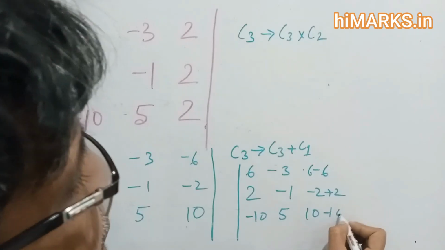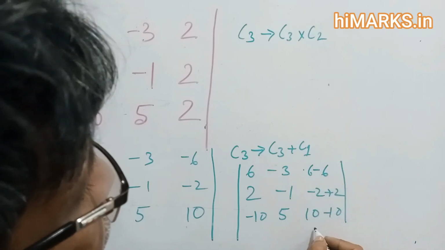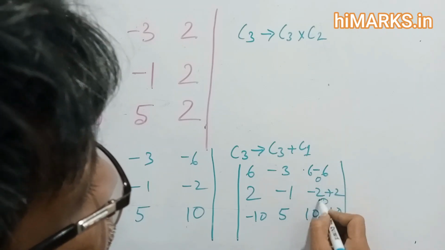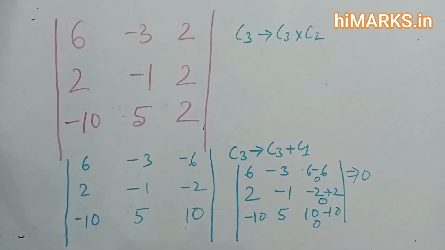So this column, all of them become 0, this is also 0, and this is 0. So this determinant value becomes 0.